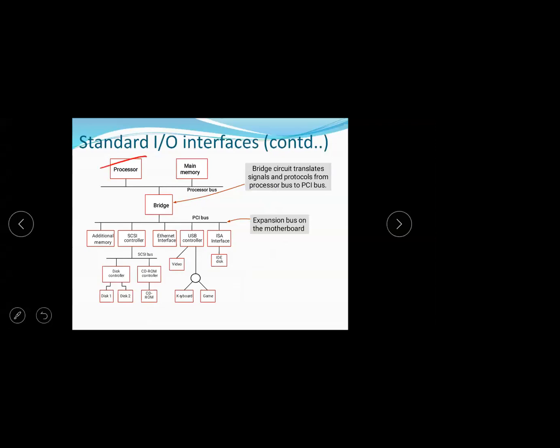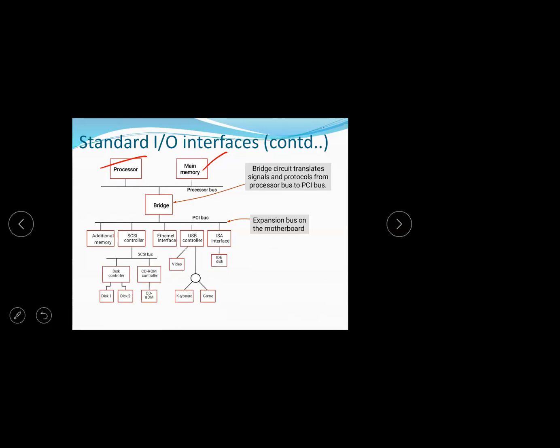This is the processor circuit. This is the main memory. The processor and main memory communicate with each other using the processor bus, which is used for transmission of data from memory to the processor.